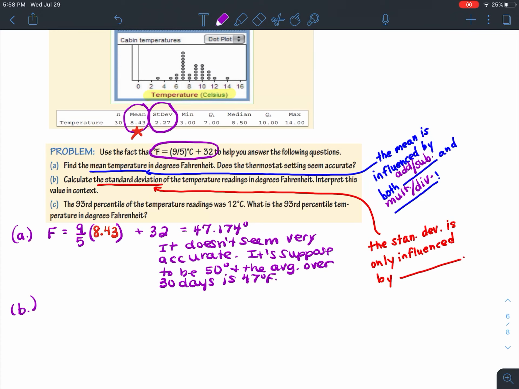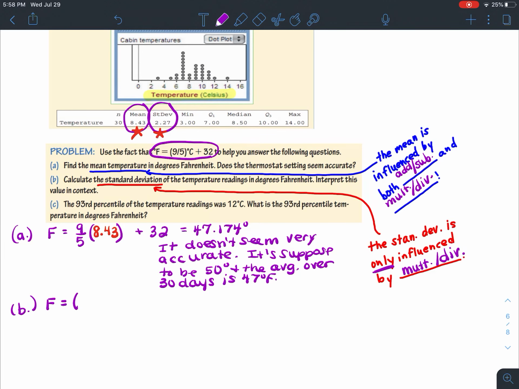However, measures of spread are not influenced by any transformations involving addition or subtraction. They are influenced by multiplication and division only. So when you look at the formula, if we're going to convert the standard deviation of 2.27 from Celsius into Fahrenheit, the only thing that's going to be influenced is that we're multiplying that standard deviation by 9/5.